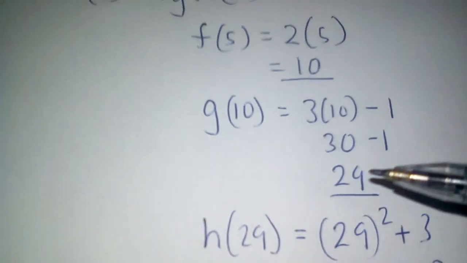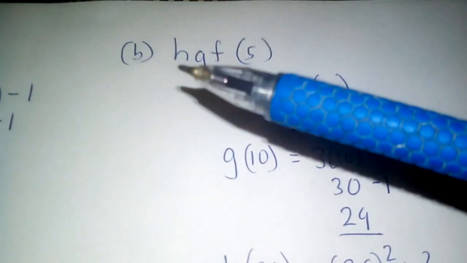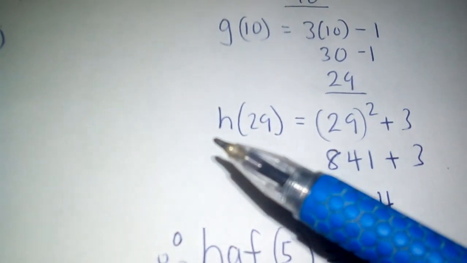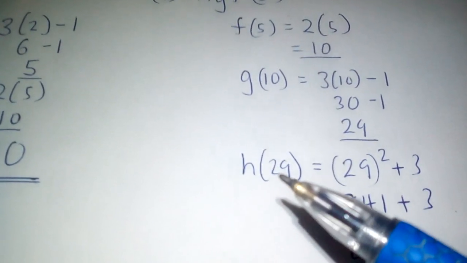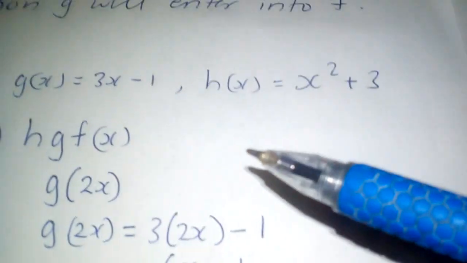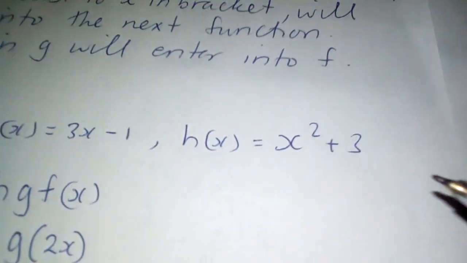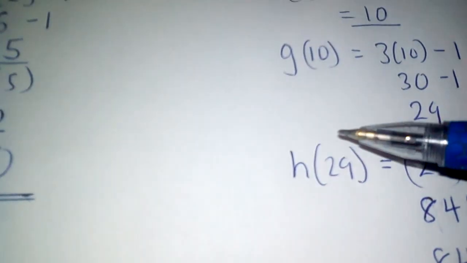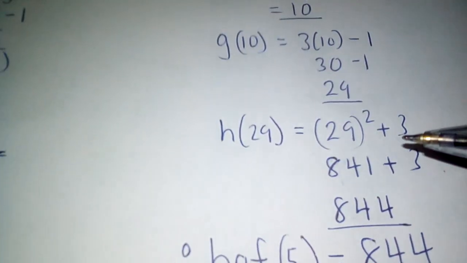Now the answer for G will be now entering into H. And hence I will have H of 29. The answer for the second one becomes the bracket of the third function. But remember, our function of H is x squared plus 3. So my 29 will be squared, then plus 3.